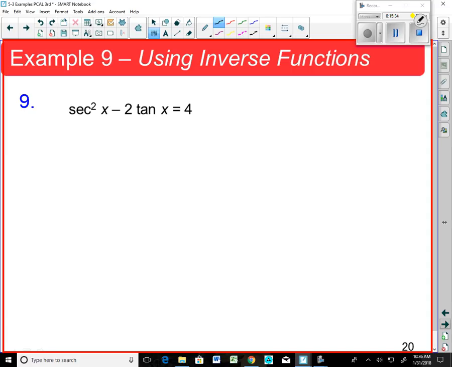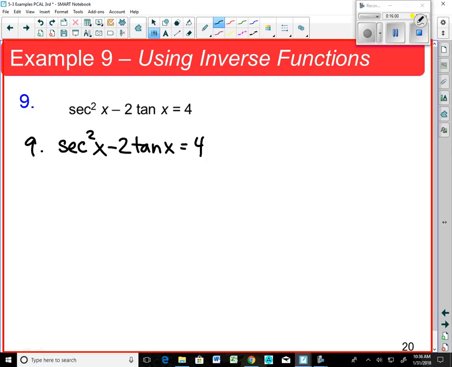I can't remember if we did this yesterday or the day before. Secant squared x minus 2 tangent x equals 4. The issue with this one is we have secants and tangents, and even if I move the 4 over, it's not something I can factor. So I want to use a Pythagorean identity.